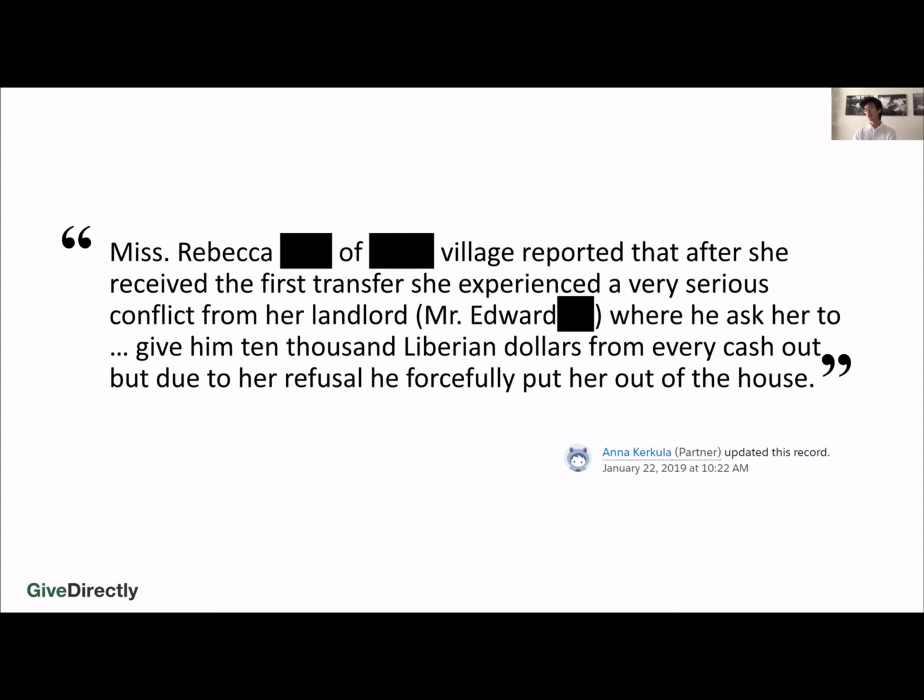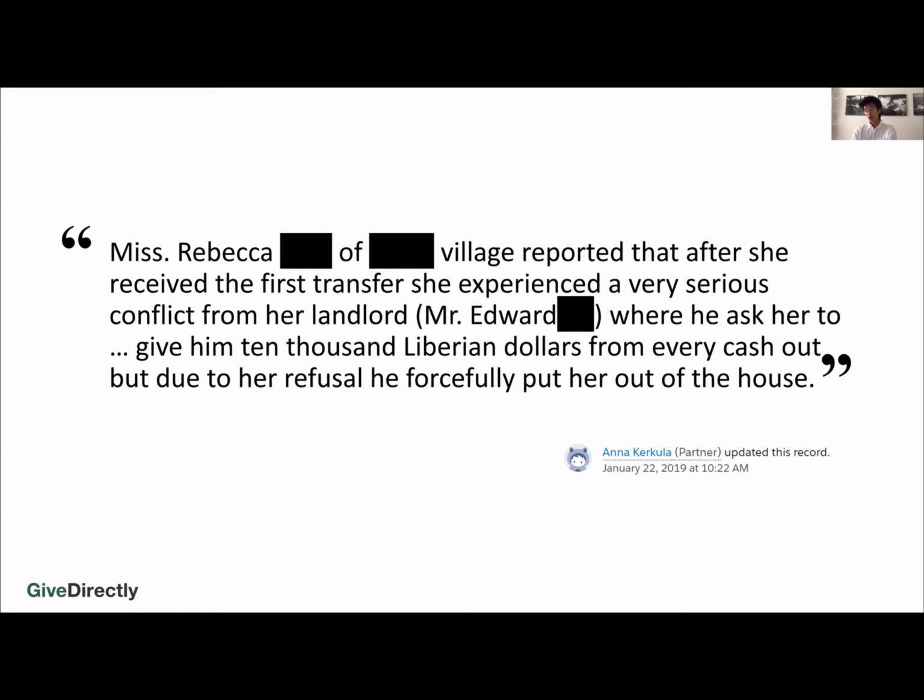At the end of the day, when we do our final summative evaluation and we are testing for increase in income, sure, Ms. Rebecca may score on the increased income. She may have made more money, but she may be doing worse in housing. She may have been forced out of her house. She could have been subject to extortion.